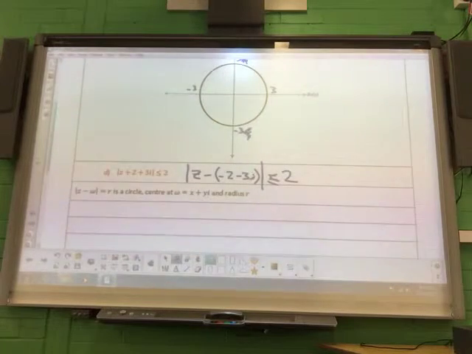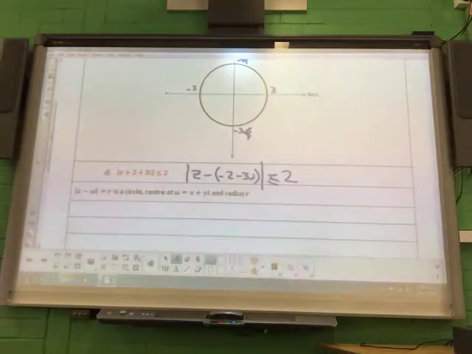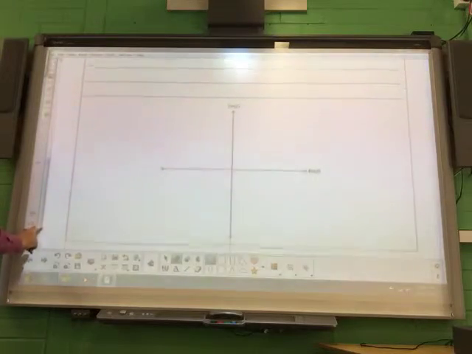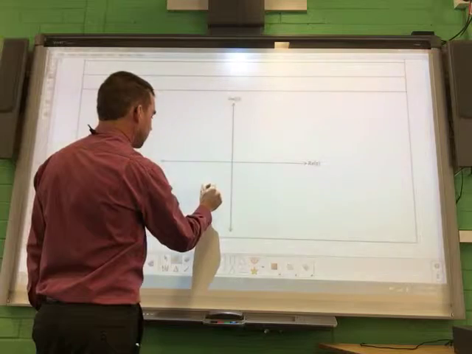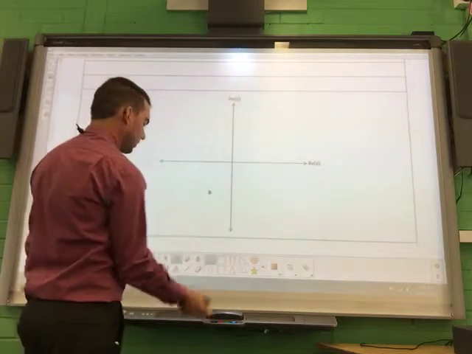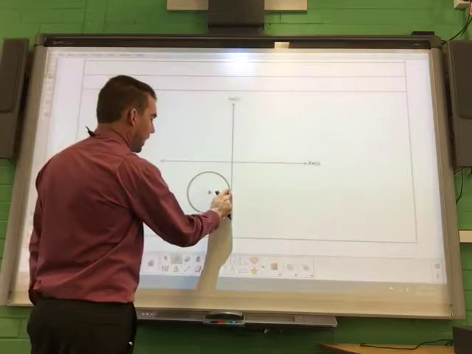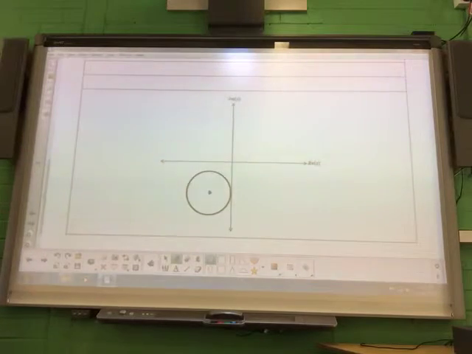Okay, so we've got the centre at negative 2, negative 3i, and radius r. So whatever that value is there, that is the radius. Not radius squared, it is the radius. Okay, so we've got a radius of 2. Of course we've got a radius of 2, that means this part of the circle will be on the axis.